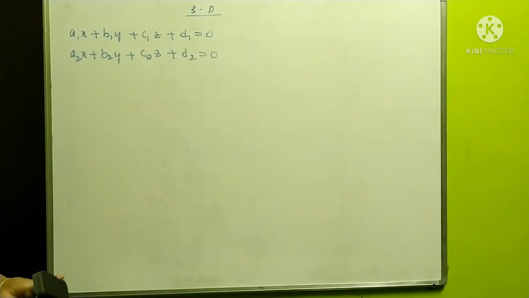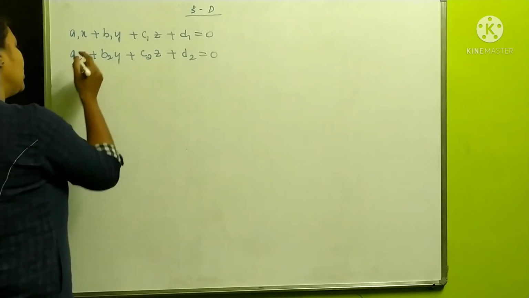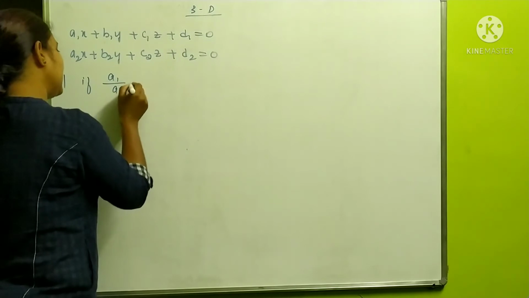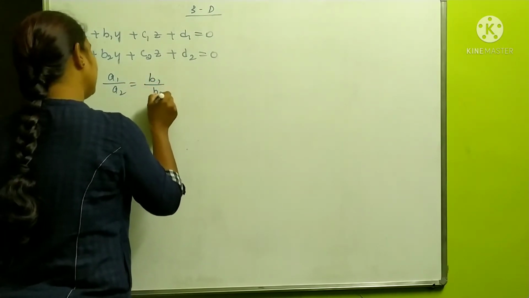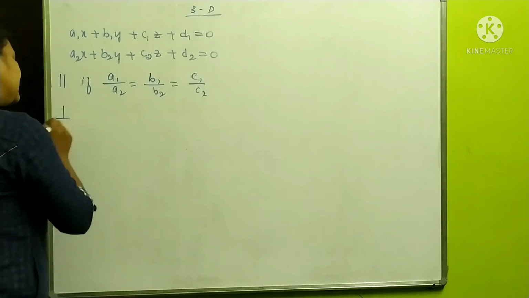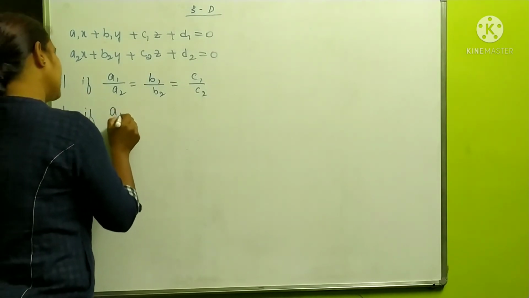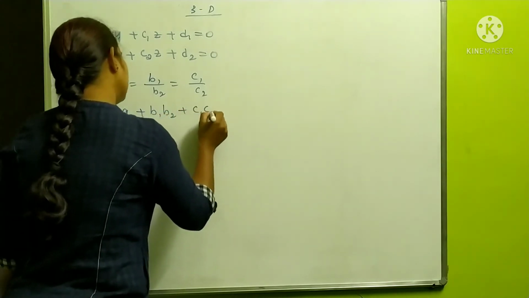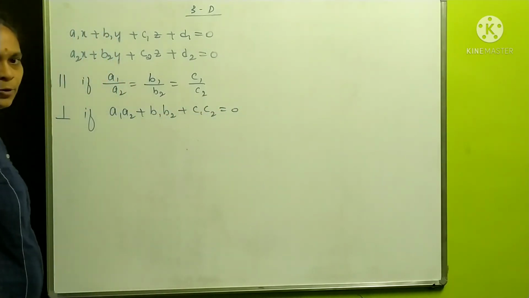These two are two planes. Then, two planes are parallel if a1 by a2 is equal to b1 by b2 is equal to c1 by c2. Two planes are perpendicular if a1 a2 plus b1 b2 plus c1 c2 is equal to 0.